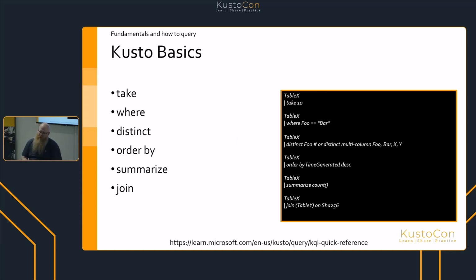Some basic operators: take or limit is to get a subset of the results. I use the take operator when I look into a new table that I don't know, or if it's the first time I look into it, or if we do a lot of incident response, and sometimes we get logs that we've never seen.